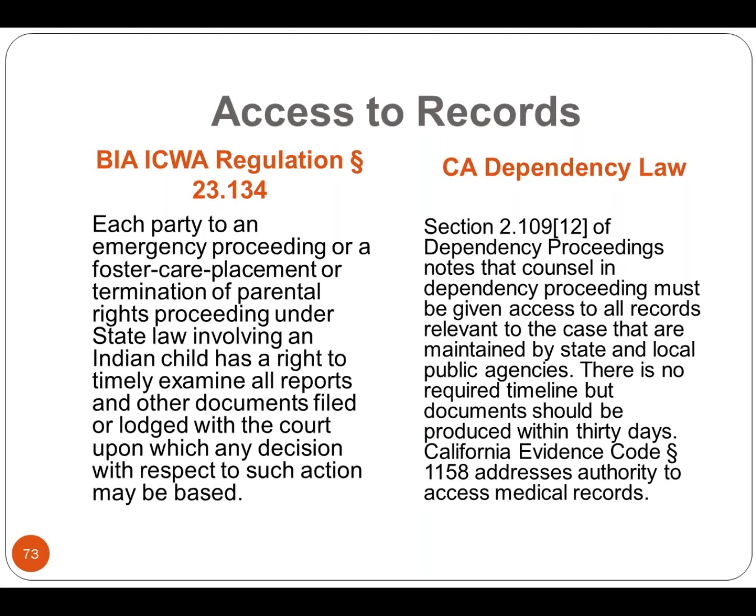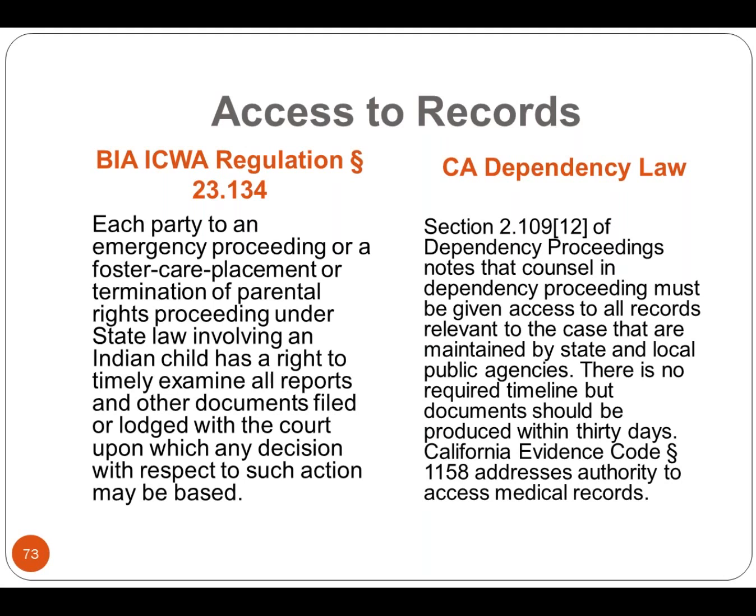Now, California dependency law, if you've looked at that thick blue Sizer book that comes out every year, section 2.109, subsection 12, notes that counsel in dependency proceedings must be given access to all the records relevant to the case that are maintained by state and local public agencies.